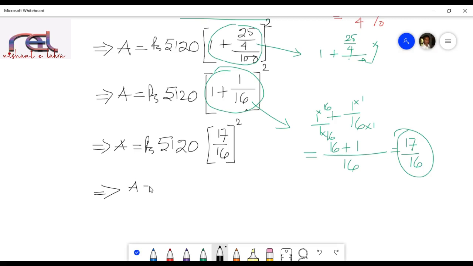That means we have to multiply it 2 times, or if you know the square of 17 and 16, that is much better. 17 square is how much? If you remember the squares, 17 square is 289. And I hope you remember the square of 16. The square of 16 is 256.